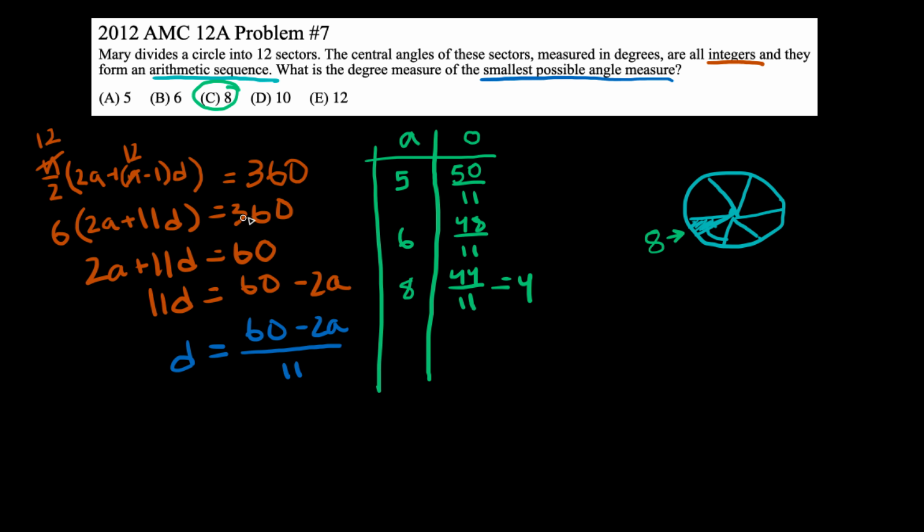We simplified a bit of things over here, and then we realized that in order for D and A to both be integers, when we substitute some value for A as an integer, D must be an integer, meaning 60 minus 2A must be divisible by 11. We then just tried out these different values, and we were able to realize that 8 is the smallest value that works. So that's choice C, and we have completed these example problems.